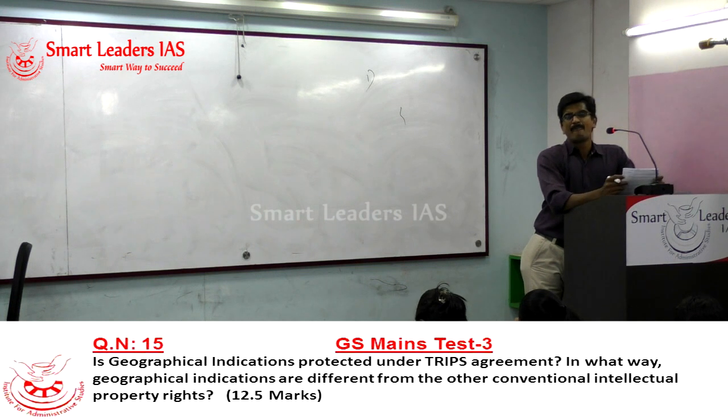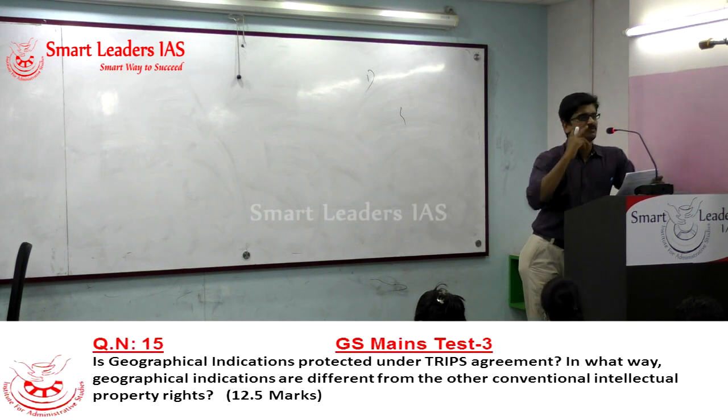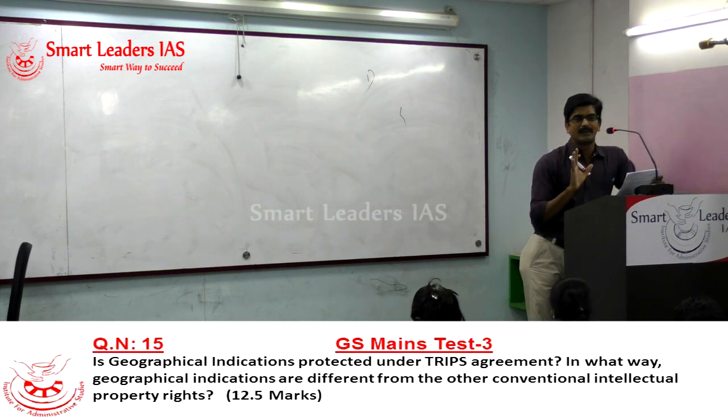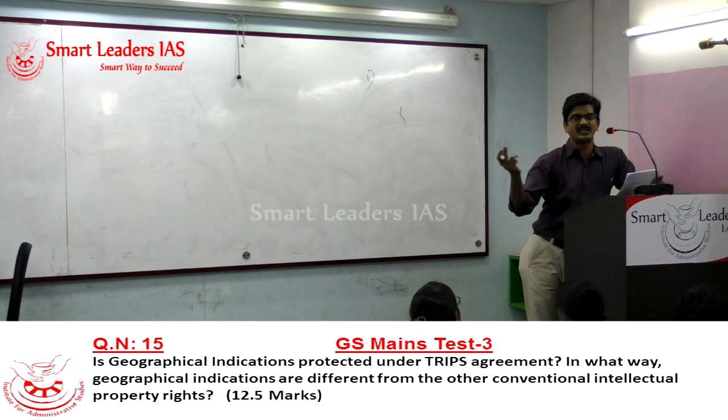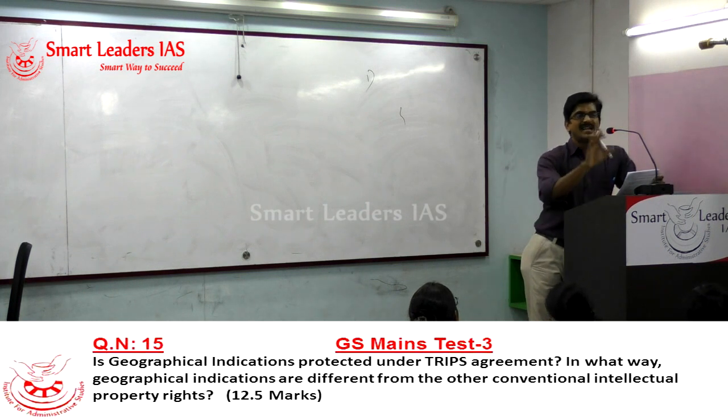And third, let's say that Pepsi is a trademark of a particular company. They can sell it to any person, and that second person can use the trademark. He can sell it to another person. A trademark can be traded or sold to a third party.